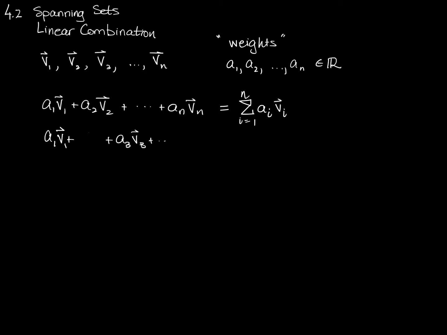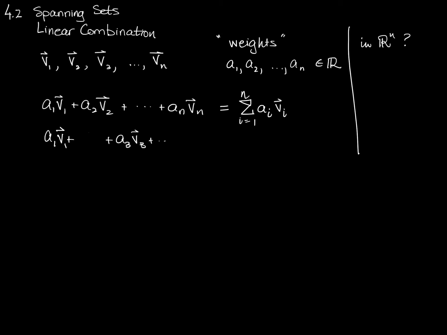I want to point out very briefly here too that I'm not necessarily in Rn here. Although it kind of looks like I'm in Rn because I have n vectors, what Rn means is that each one of these vectors has n components. That's not necessarily the case just because I have n vectors.